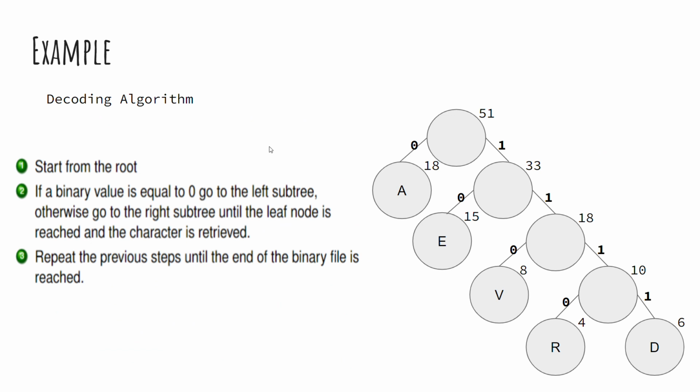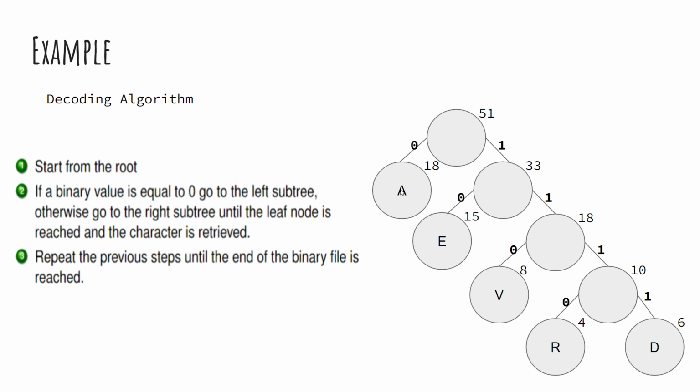And after we encode this, we also need to decode this, right? So if you have a Huffman encoding, the way we decode it is we start from the root, and if the encoding has a binary value equal to 0, we go to the left subtree, otherwise we go to the right subtree.